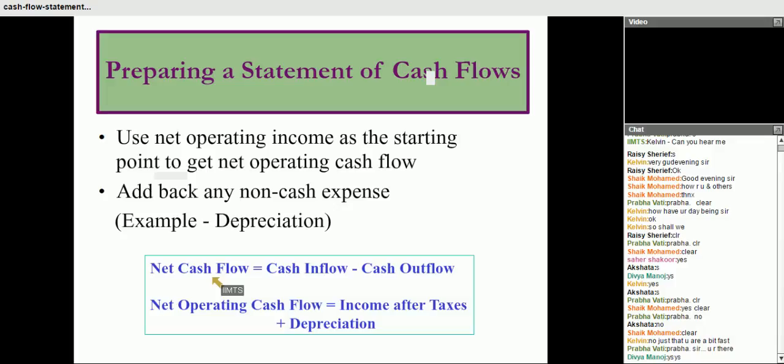So we can get the net cash flow equal to net cash inflow minus cash outflow. Net operating cash flow will be equal to income after taxes plus the depreciation, right? So you can note on these two formulas.